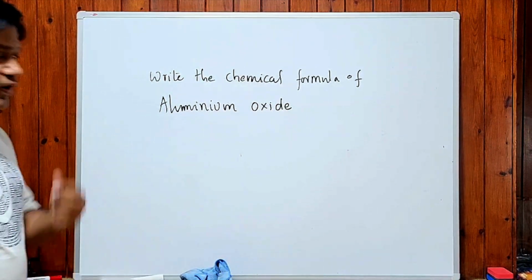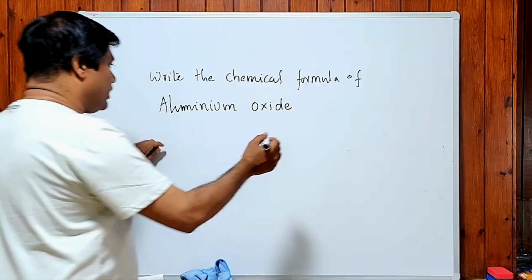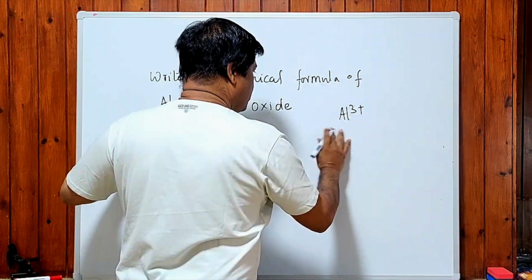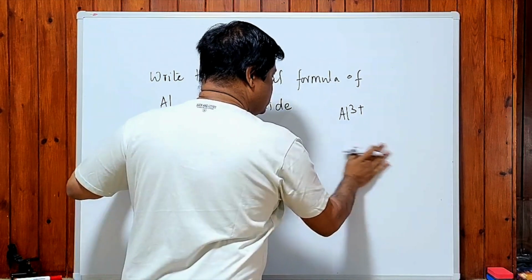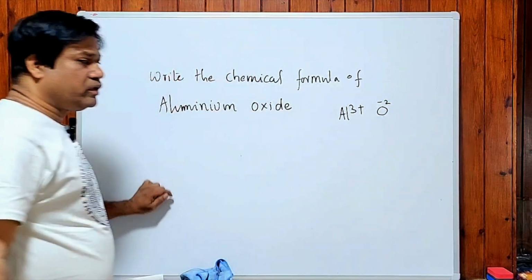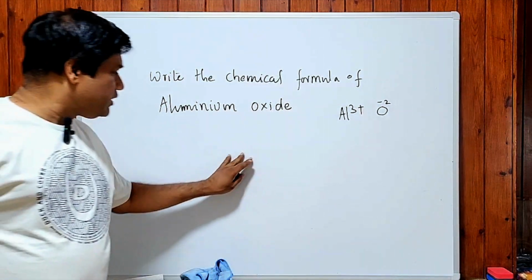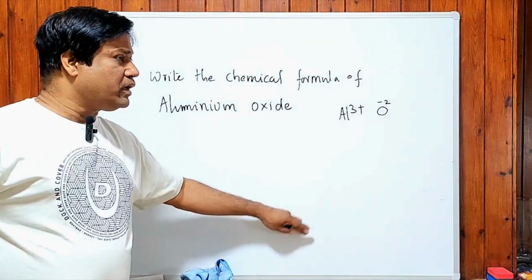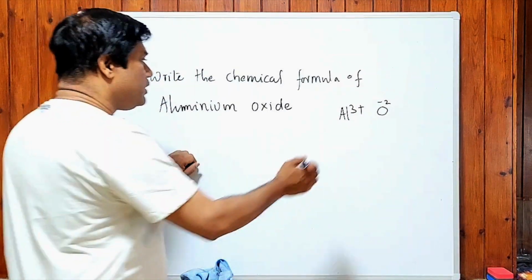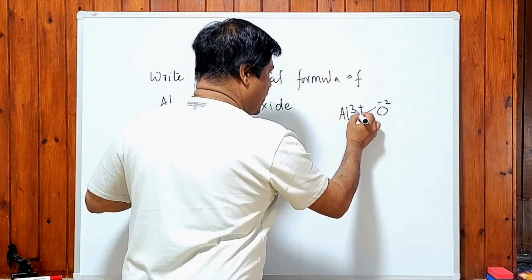Do you want to try it? Aluminium, you know that. It's from group 3. Loses 3 electrons. Oxygen has 6 electrons in the outer shell. Gains 2 electrons. You know that with that technique, you can write the chemical formula of all the ionic compounds. Take 2 to this side and 3 to that side.